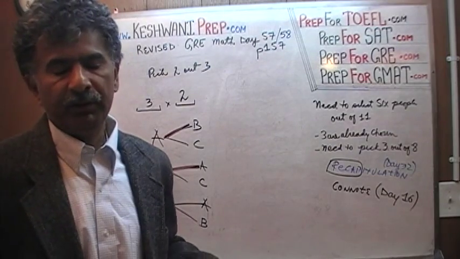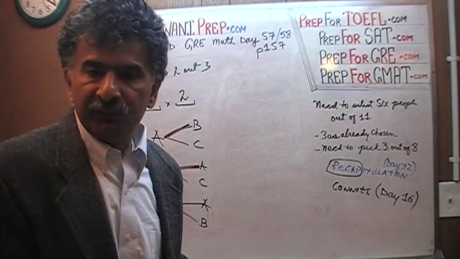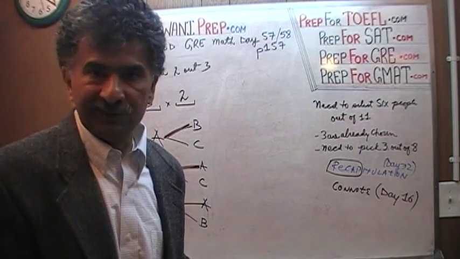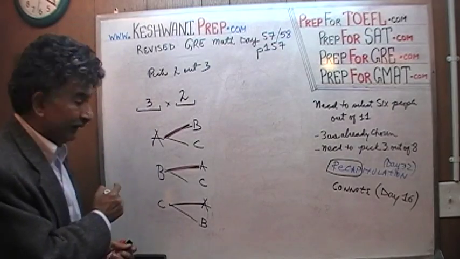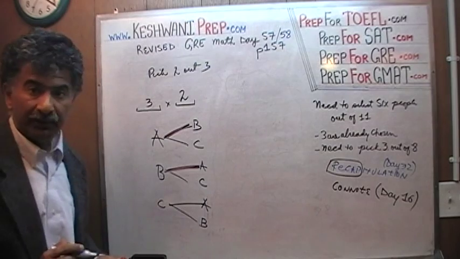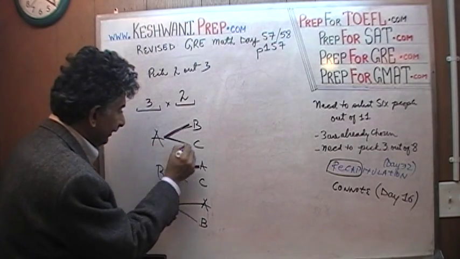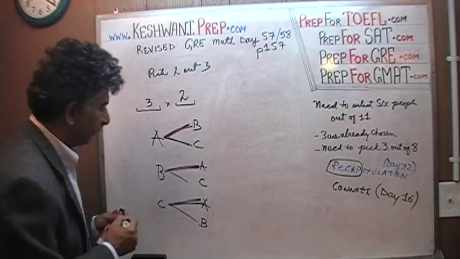We just have to figure out how many different ways of picking two people out of 3. Whether we picked A first and then B, or B first and then A, makes no difference here. So we're double counting. AB is counted as one option and BA is counted as one option. That is not true. Both of them are just one pair. Here is AC and here is CA. We're double counting it.